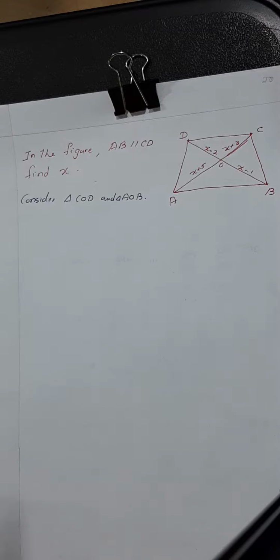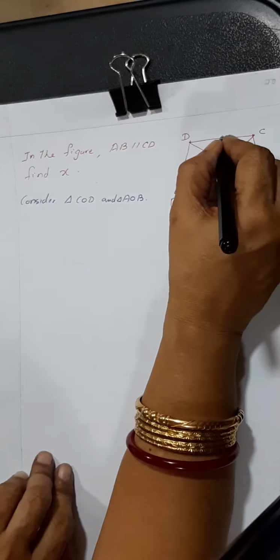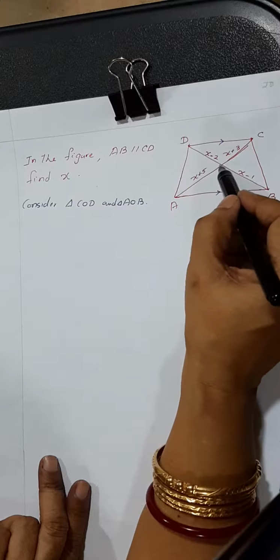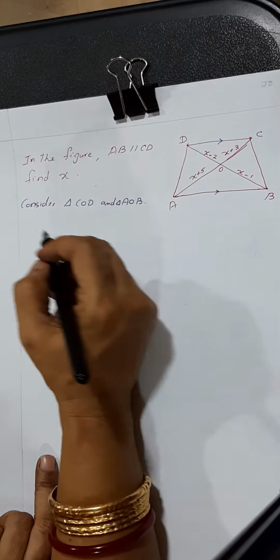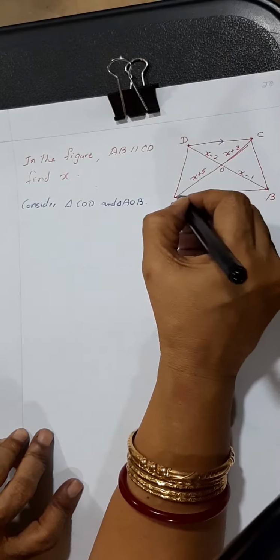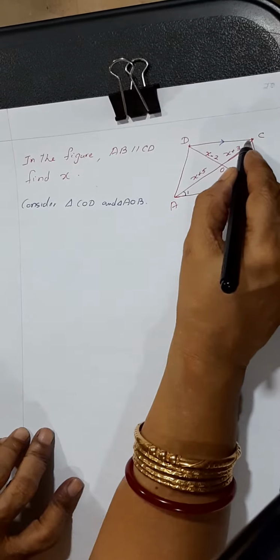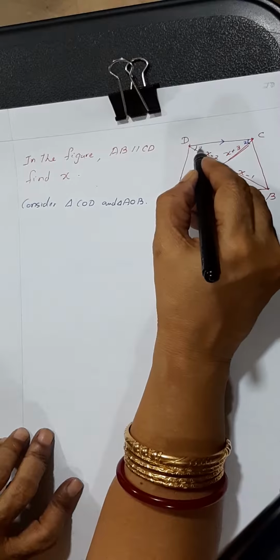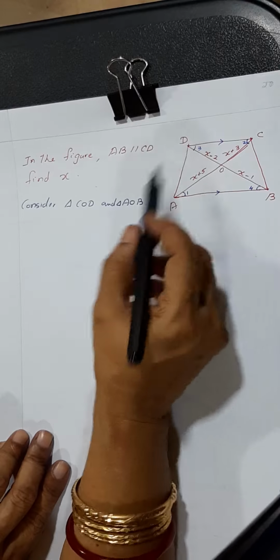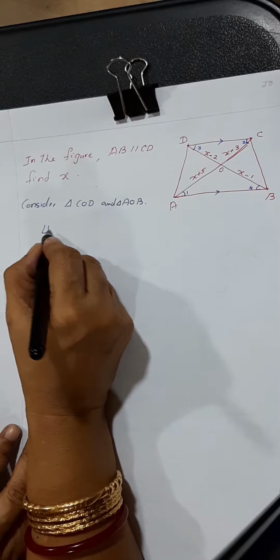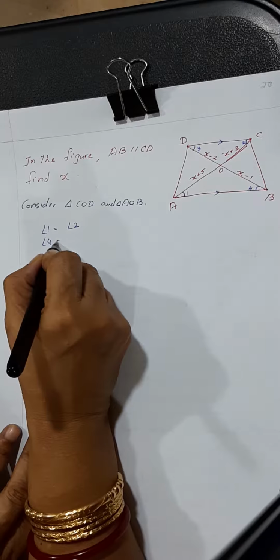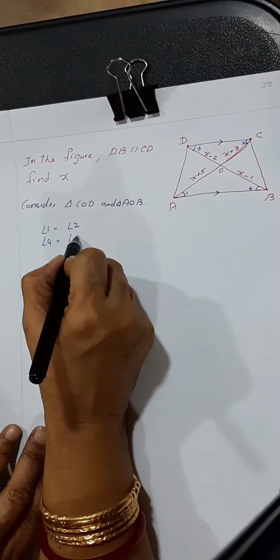Here in the figure, AB is parallel to CD is given. We have to find the value of x, and these sides are also given in terms of x. Now we will consider these two triangles. Since these are parallel, angle 1 is equal to angle 2 and angle 3 is equal to angle 4.